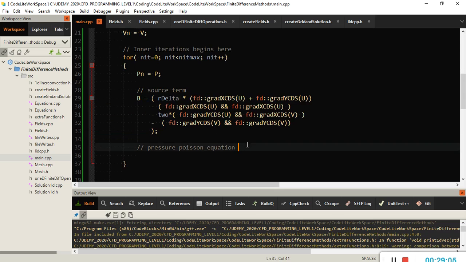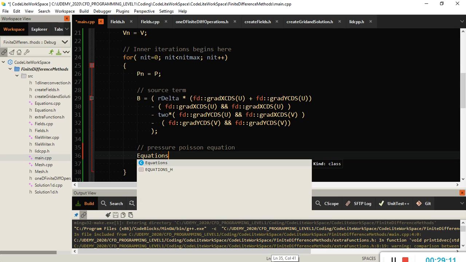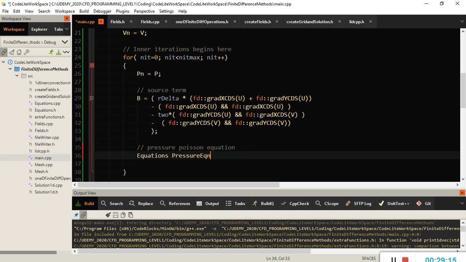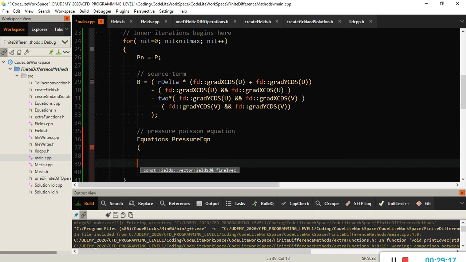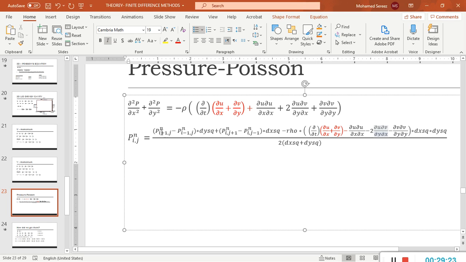Now let's call the equation. Let's go ahead with the equations. So equations class, and we call this the pressure equation, and put the constructor, close it. And now if you look at this is the pressure.